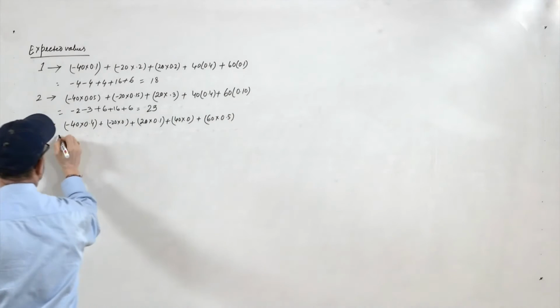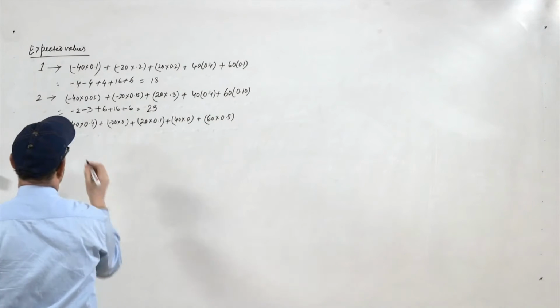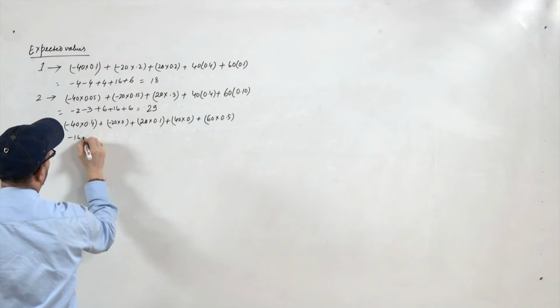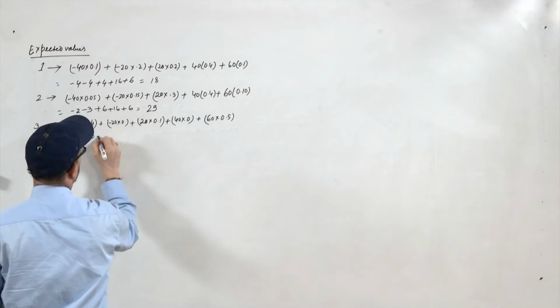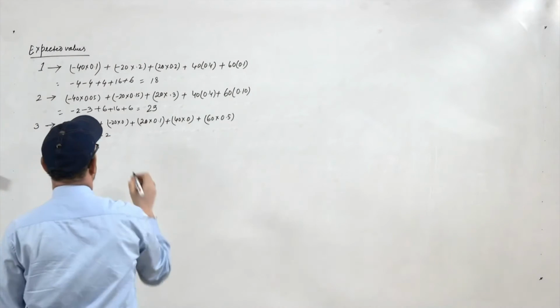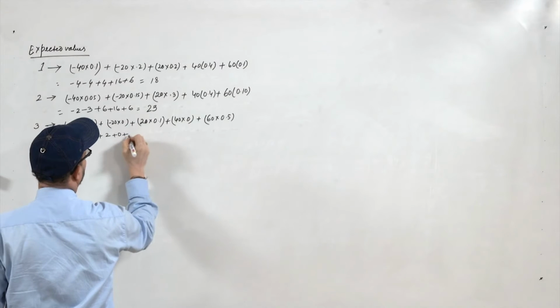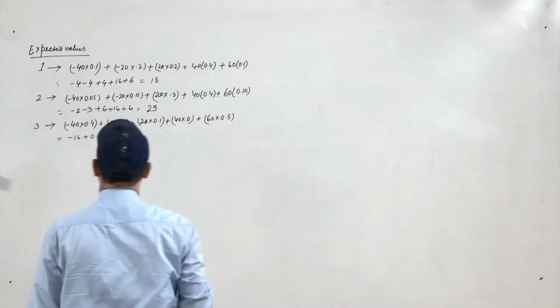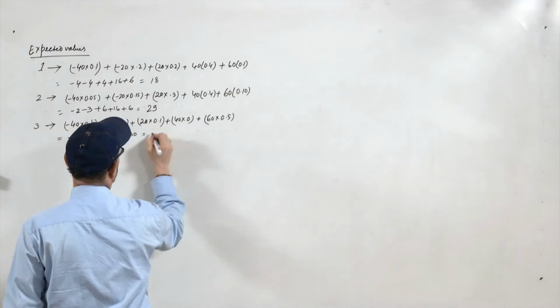So, this comes out to be minus 16 plus 0 plus 2 plus 0 plus 30. So, 32 minus 16, that is 16.